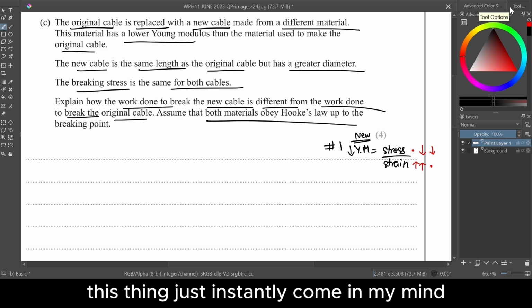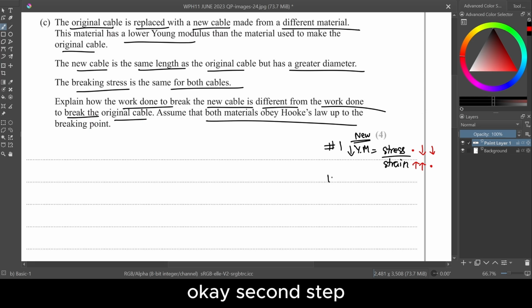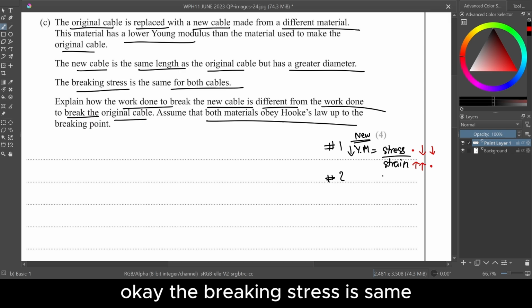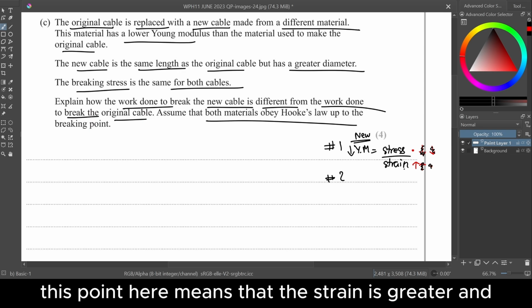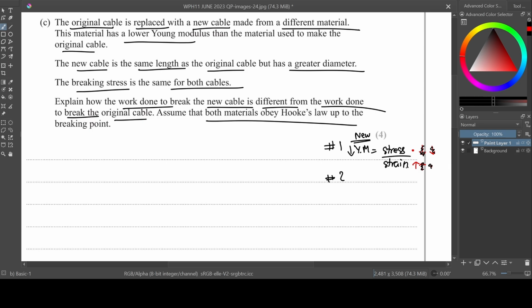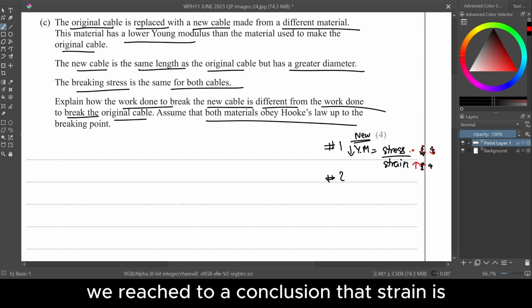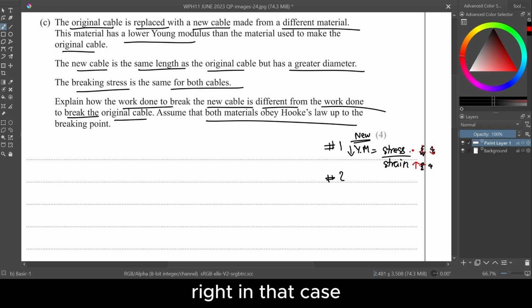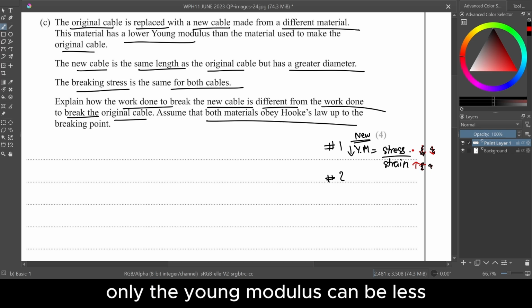Second step, now this said that the stress is the same. The breaking stress is the same, so we eliminate these points here, which means that the strain is greater. We reach the conclusion that strain is greater and stress is the same. In that case only the Young modulus can be less.